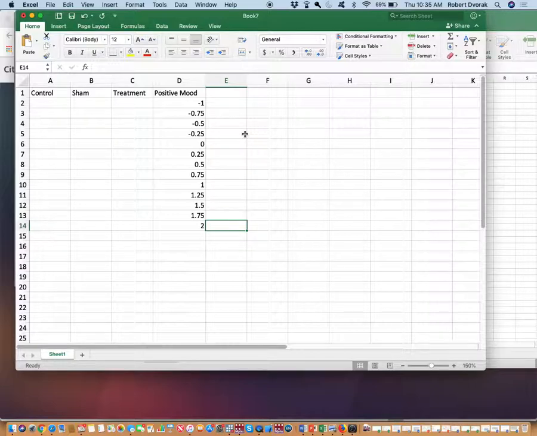We can do in group 1, y equals I plus bx. And we can specifically pull the I and the b from our regression model, right?